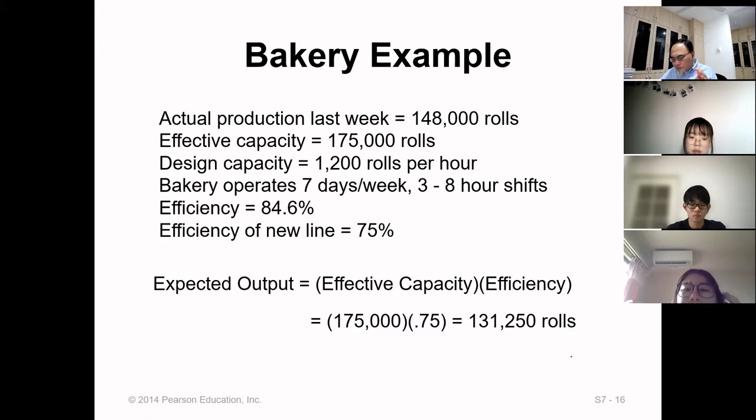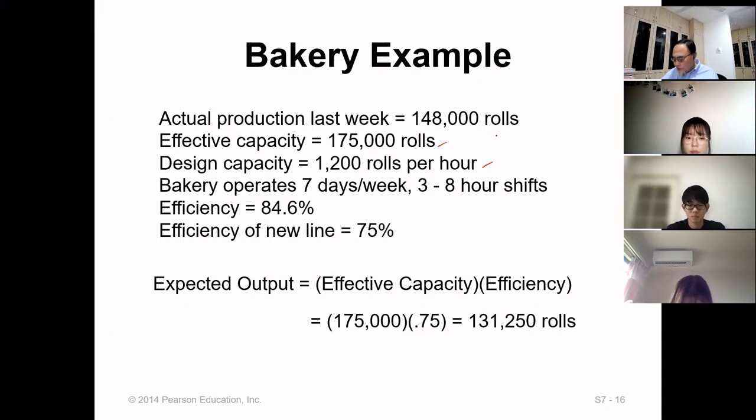And the effective capacity is 175,000 rolls, the same design capacity and the same effective capacity.